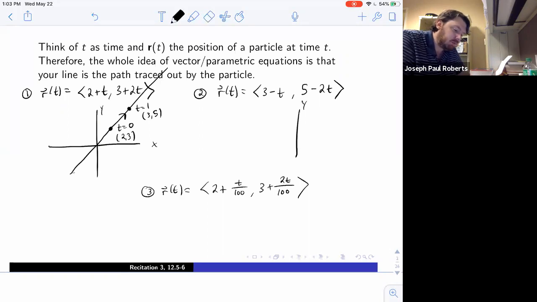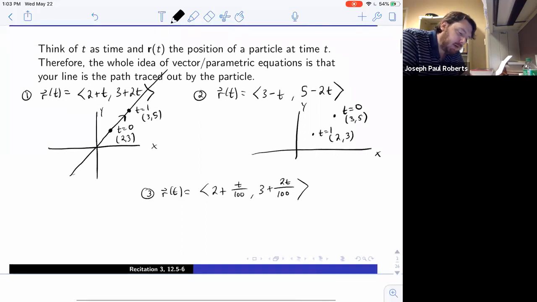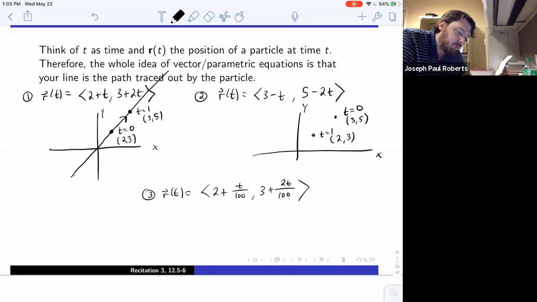Maybe I'll change this drawing a little bit so it'll be easier to see. If I do t equals 0 in this equation, I get (3, 5). And if I put t equals 1, I get the point (2, 3). In fact, we all know that once you have 2 points in common, it has to be the same line.